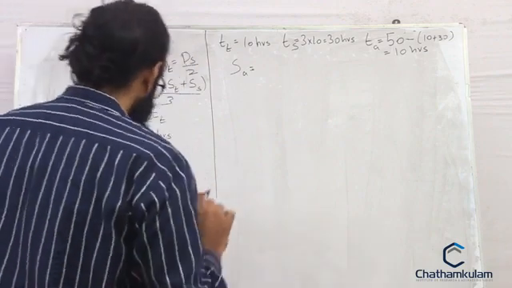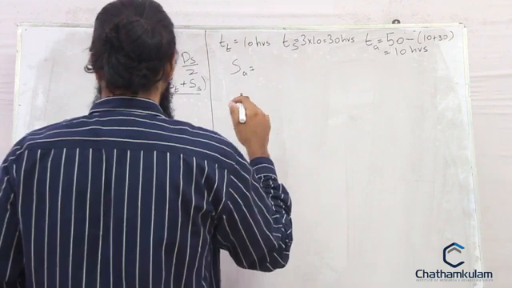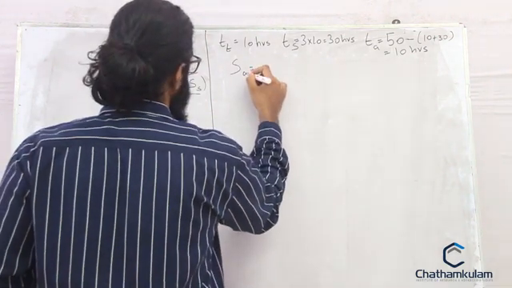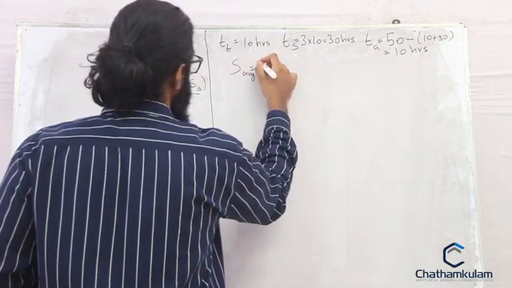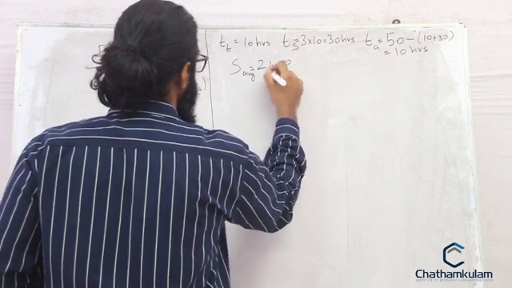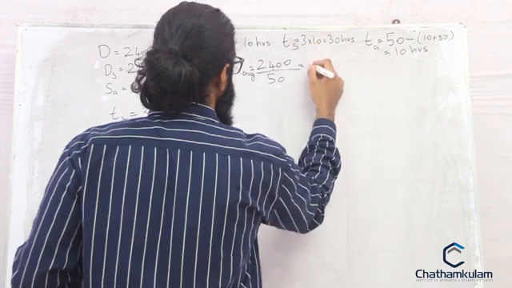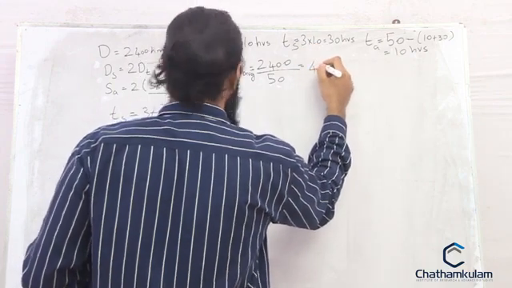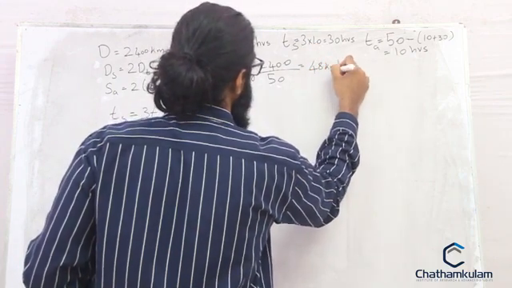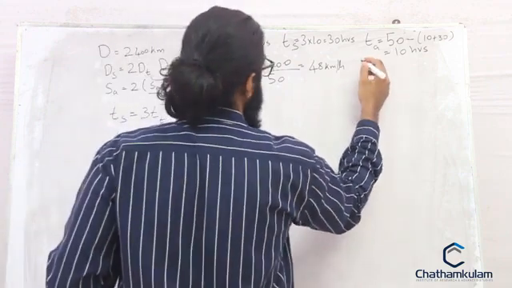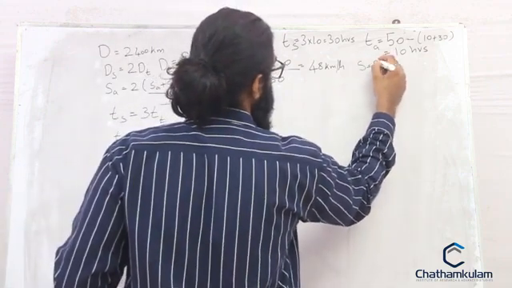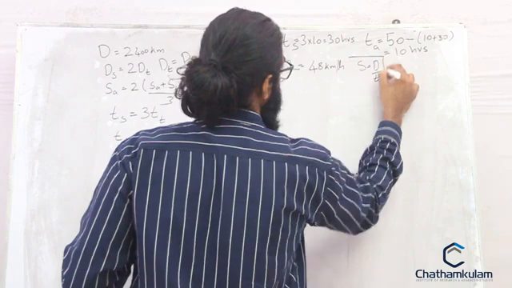So we can write S average equals 2400 divided by 50 equals 48 km per hour. This is derived from the formula speed equals distance by time.